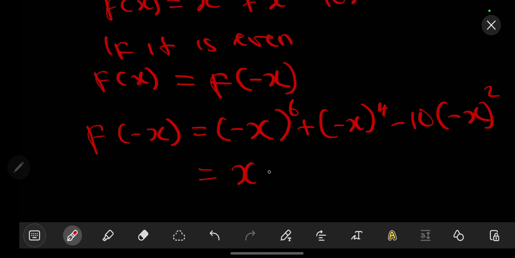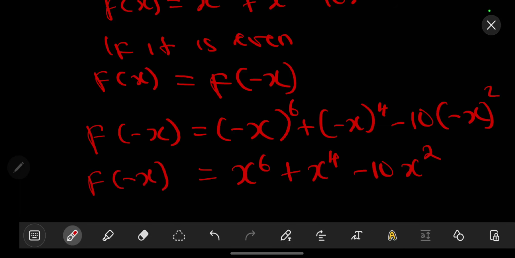So this will give you positive x to the power 6. Even here, plus negative x to the power 4 will change to positive x to the power 4. Then negative 10, negative x to the power 2 is equal to positive x to the power of 2. So your f of negative x is equal to this.